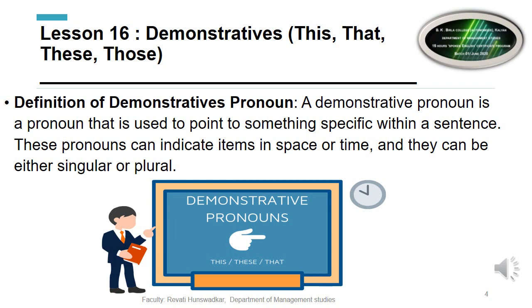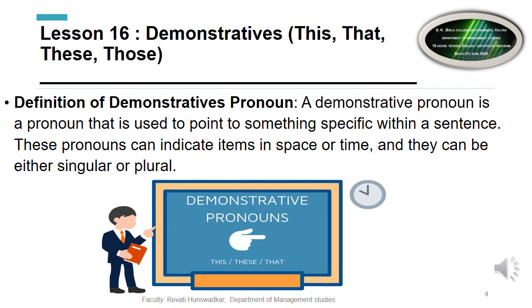So I have introduced this, that, those and these. That is my house. वो मेरा घर है. This is my pen. ये मेरा पेन है. Those people are relatives. वो लोग मेरे relatives है. These are my books. ये मेरे books है.